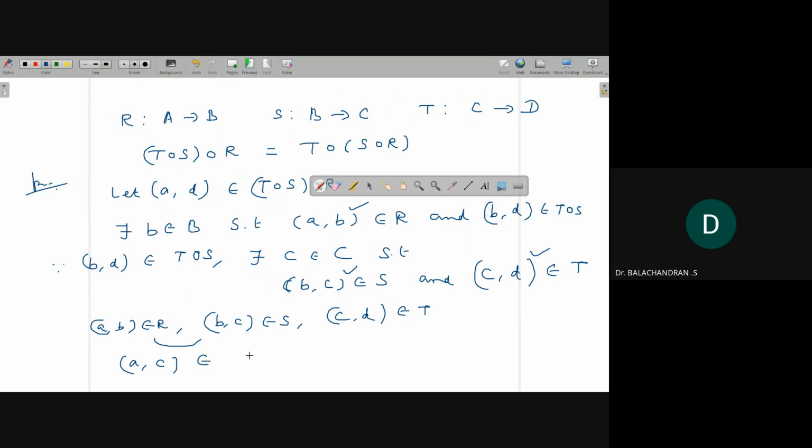First you should apply R and then you should apply what? S. So S∘R, and (C, D) belongs to T.